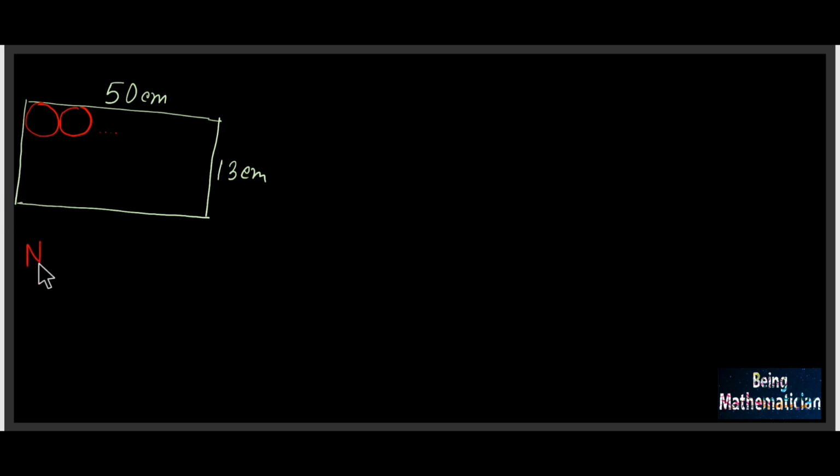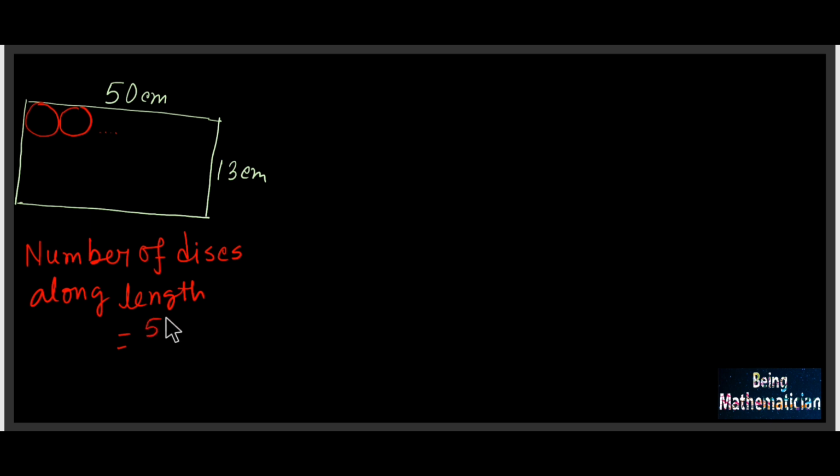Now the number of discs along length is 50 by 6 and it is 8.33.